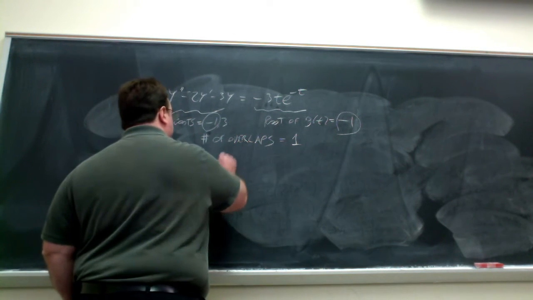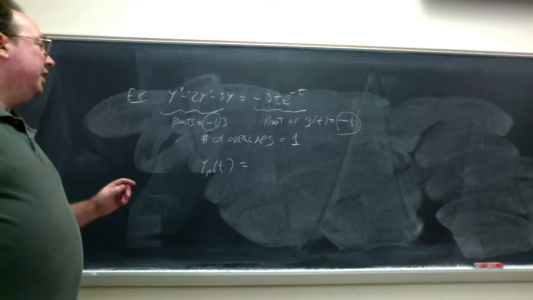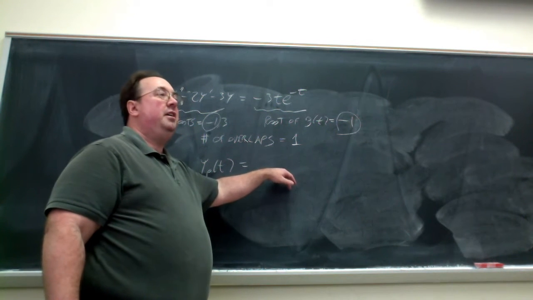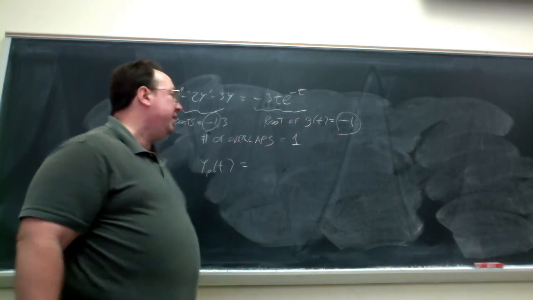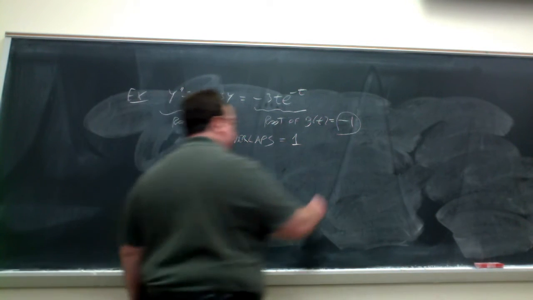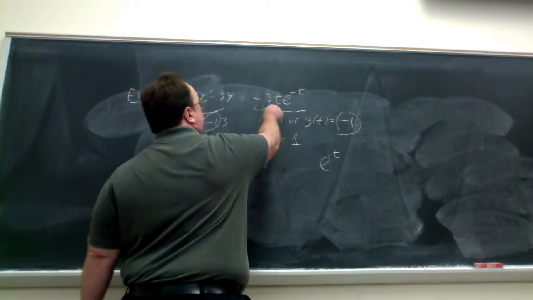Oh, before we deal with the overlap, can anyone tell me what the form of a solution would be based on what I've shown you already? There's an e to the minus t. What should we put in front of it? How do we account for the t?